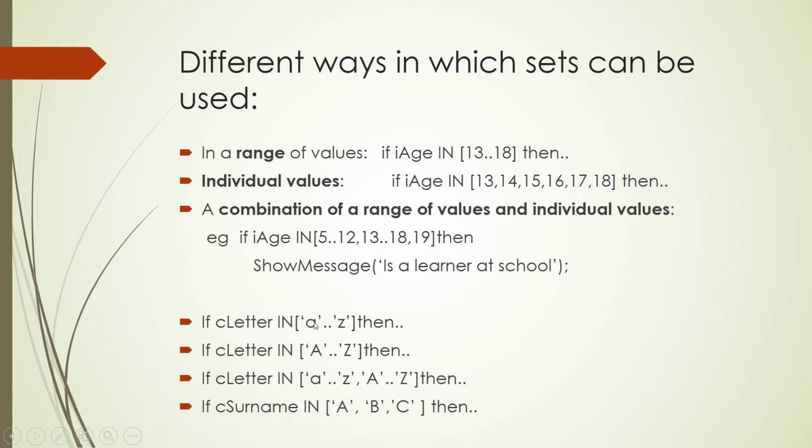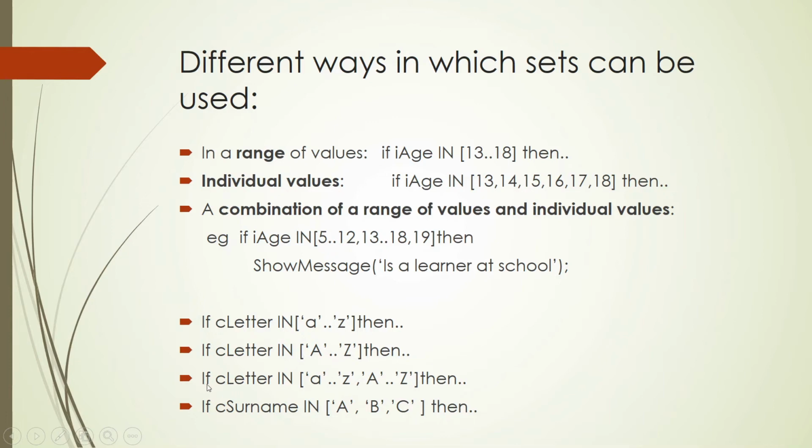Note that a character is written in single quotes. In this example, I'm checking if C letter in uppercase characters, capital letter A to capital letter Z, whether it is between A and Z.